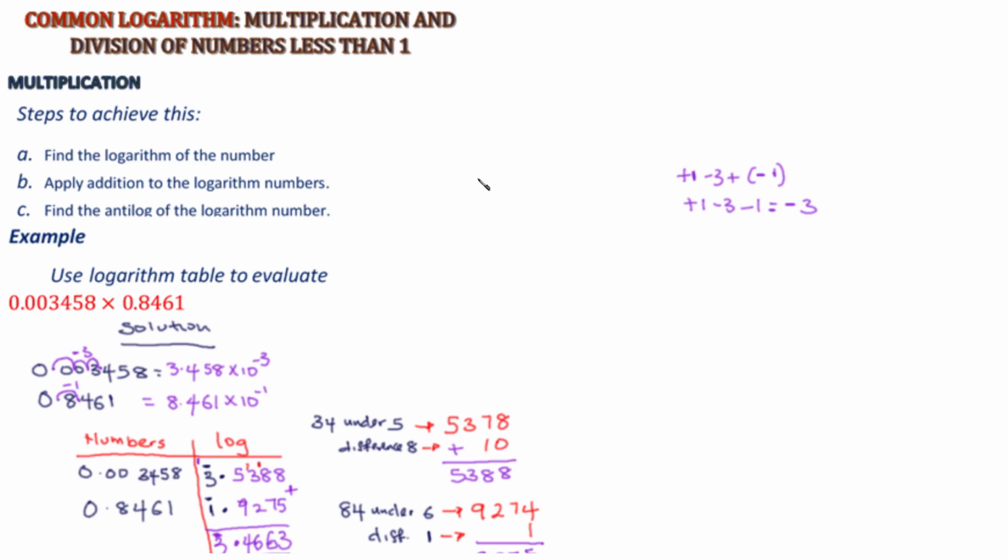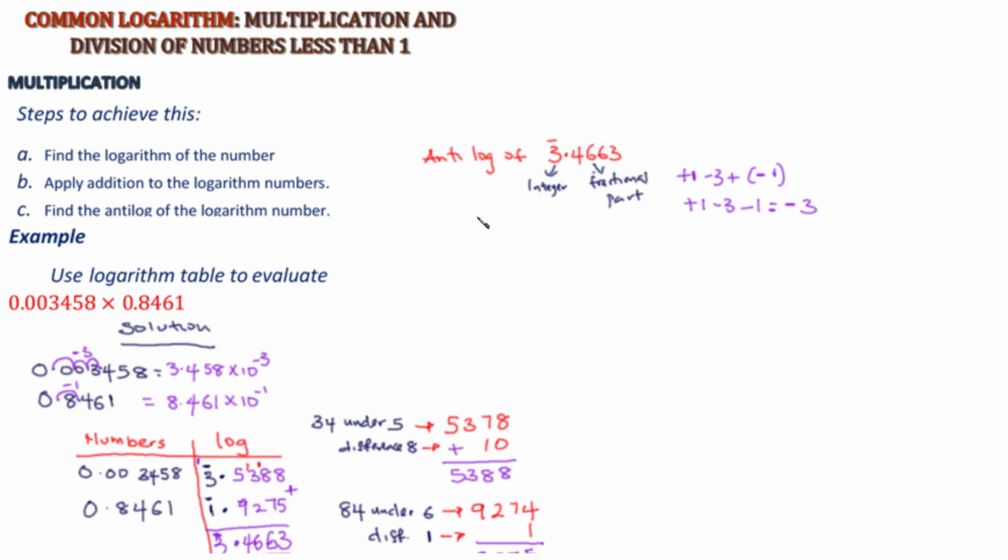The final step: find the antilog of the logarithm number. Antilog of the addition, that's 3 bar 4663. Now note something. This is the integer we will use later. This is the fractional part we are using. The fractional part is what we use to look for the antilog.